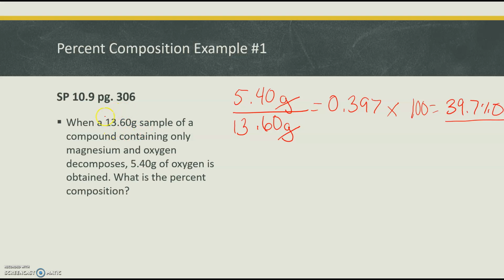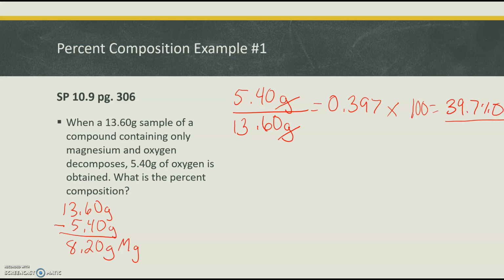We simply take our total amount, 13.60 grams, and subtract the amount we know belongs to oxygen. The remaining amount, which should be 8.20 grams, will be all magnesium, since magnesium and oxygen are the only two elements in this compound.